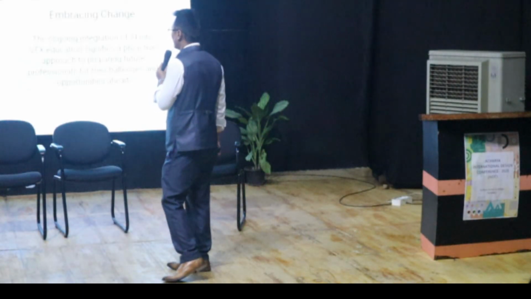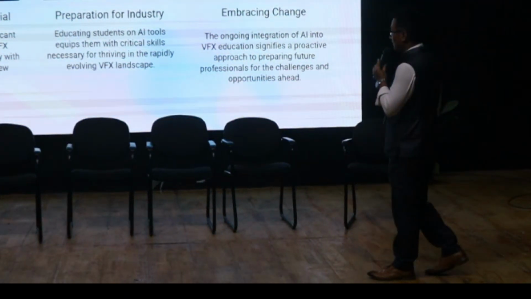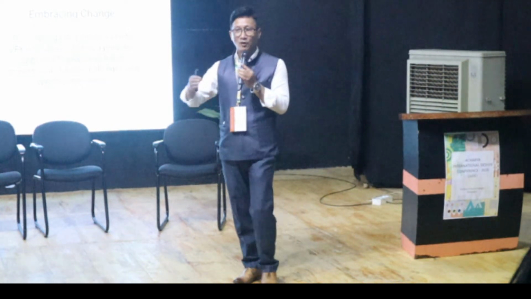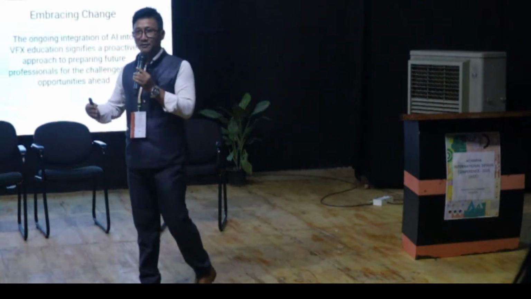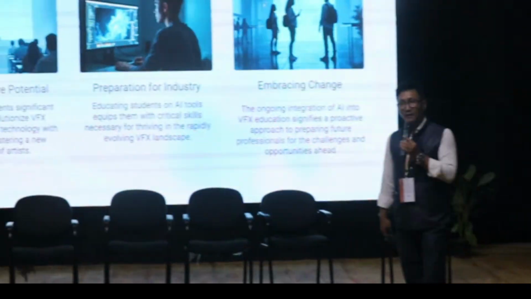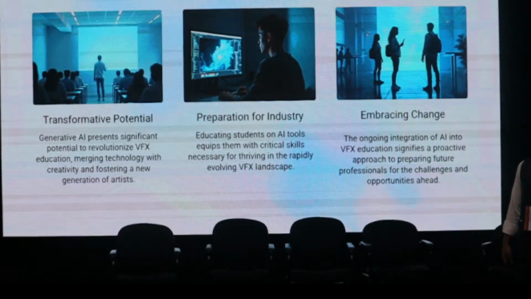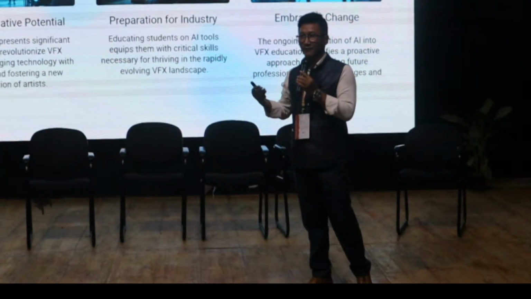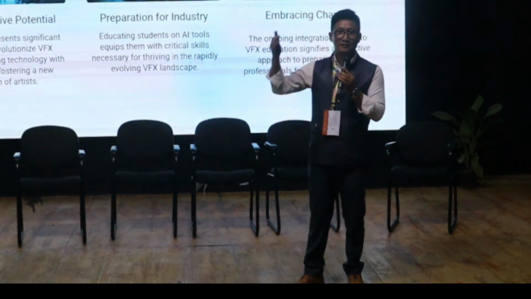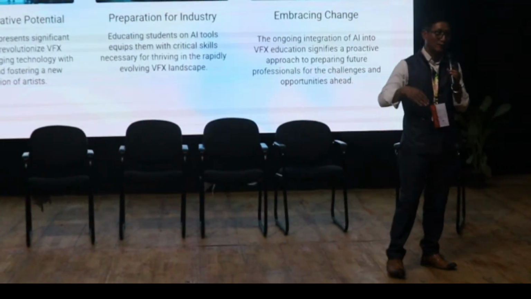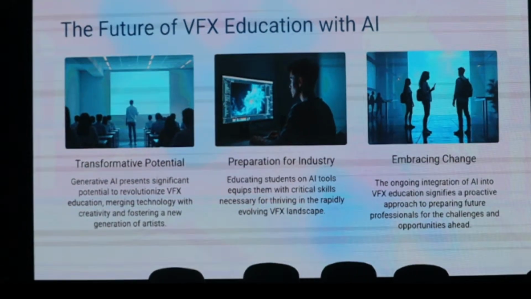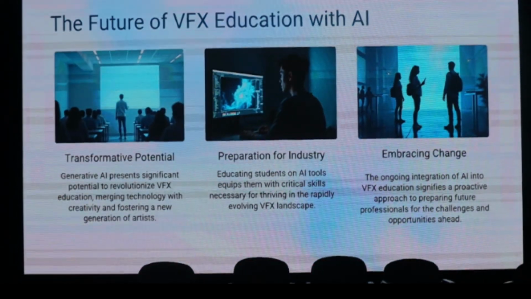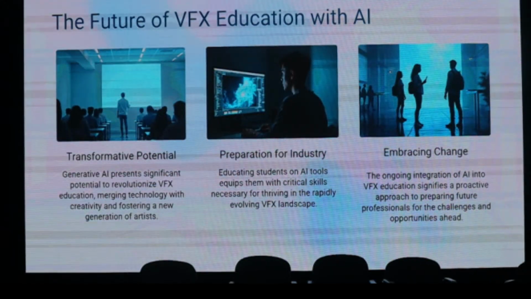So transforming potentials: it is definitely going to, as I told you in the beginning slide, involve creativity and optimization. Our human brain has a thought process that can give you visualizations. I think that is called creativity, or it is the definition of creativity in a different way. But definitely, if you look at how the human thinks, also processing a framework, then we are also thinking like a machine.